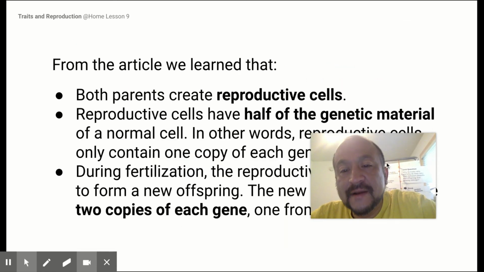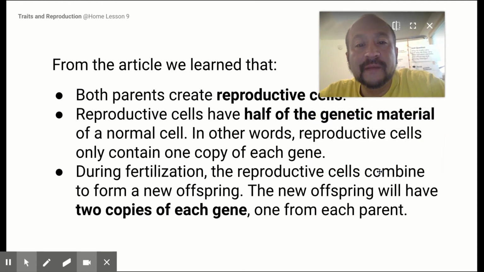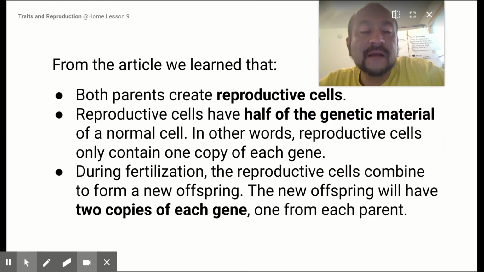You get it from your parents. Both parents create reproductive cells, and reproductive cells have half of the genetic material of a normal cell. In other words, reproductive cells only contain one copy of a gene. And during fertilization, the reproductive cells combine to form a new offspring. The new offspring will have two copies of each gene, one from each parent.